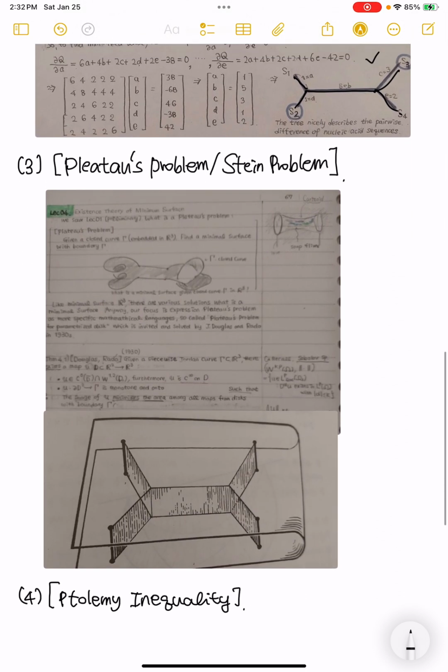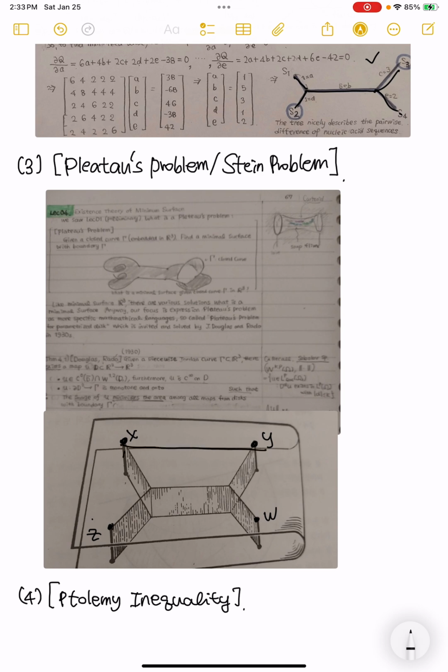The second example is the plateau problem or Steiner problem. When we think about four fixed points, for convenience let them be x, y, g, and w, and we want to construct a road so that all four points are connected.